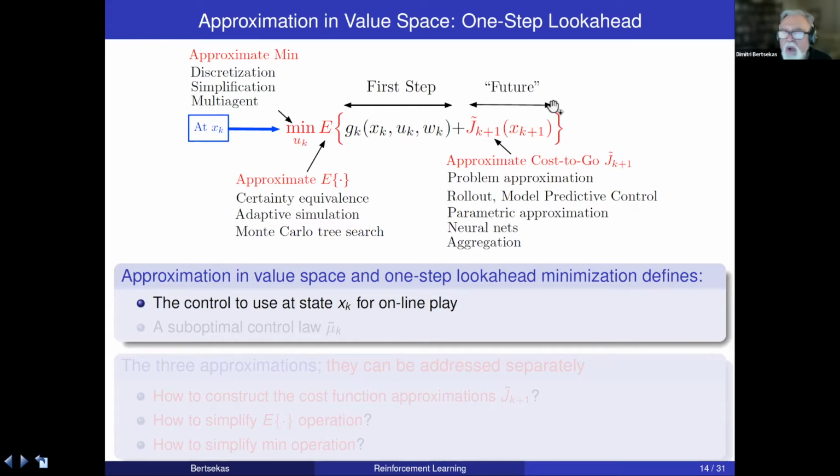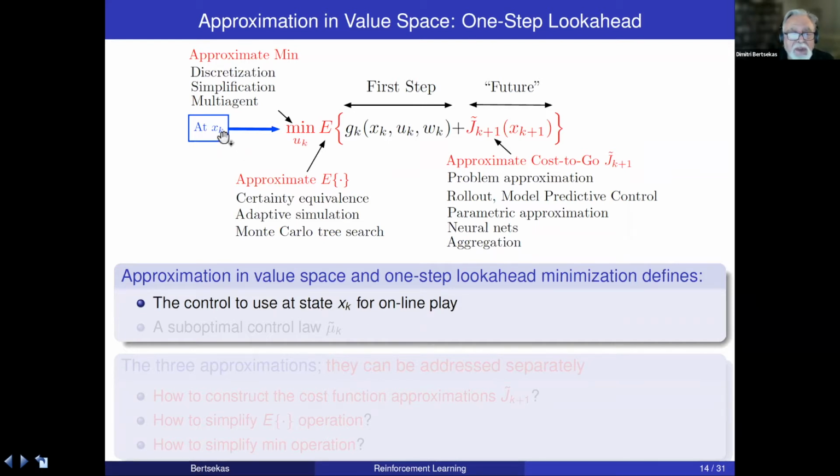There are many different ways to do that. And one possibility is to get it through offline training. So we do this minimization, and the control that we use at state xk is the one that minimizes here. And this is done during online play.